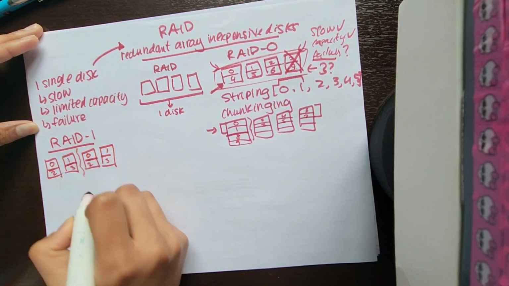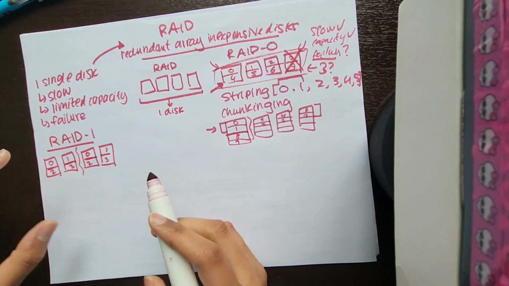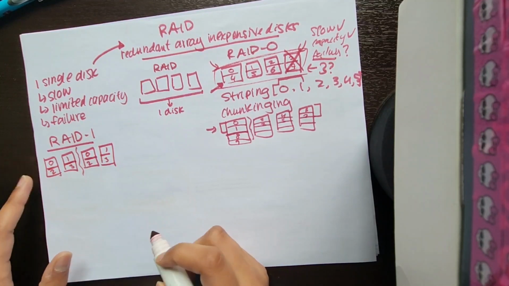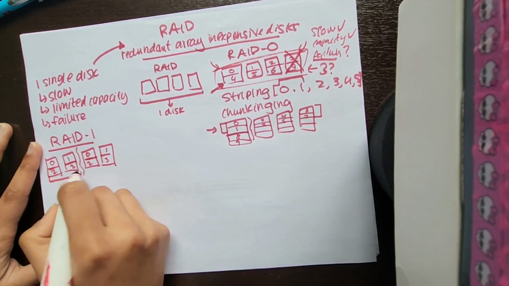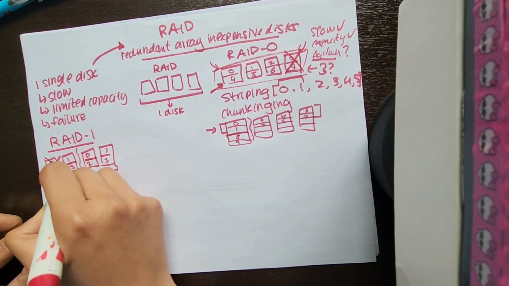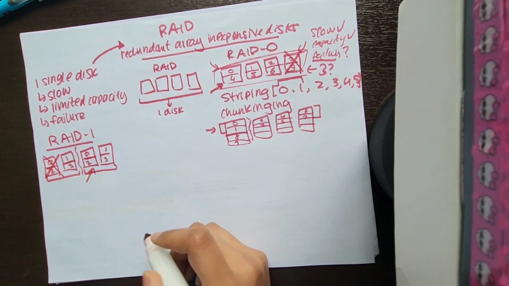Basically, we're splitting our disks so that we have a copy of 1/2 of the data, right? We are ensuring that if one of these disks goes down, we will still have another backup copy.